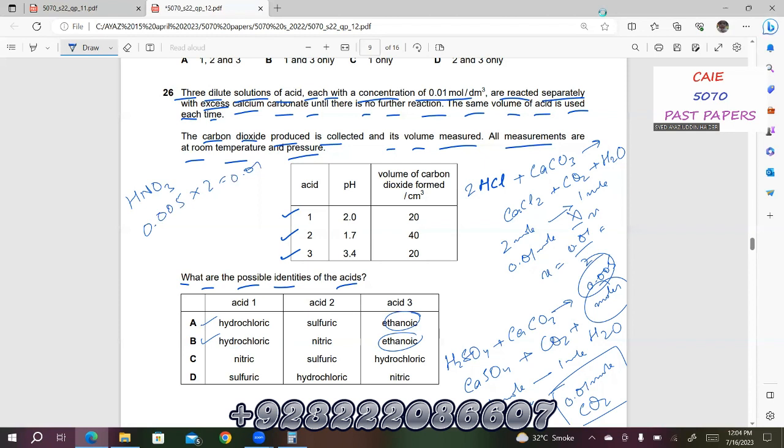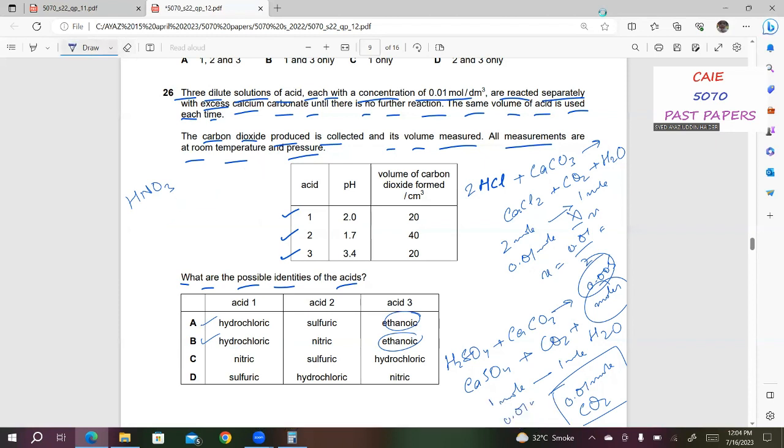You can't have nitric acid as acid number 2. I will show you why. If you react nitric acid with calcium carbonate, you will get Ca(NO3)2 plus CO2 plus H2O. Now balancing the equation, now the equation is balanced.